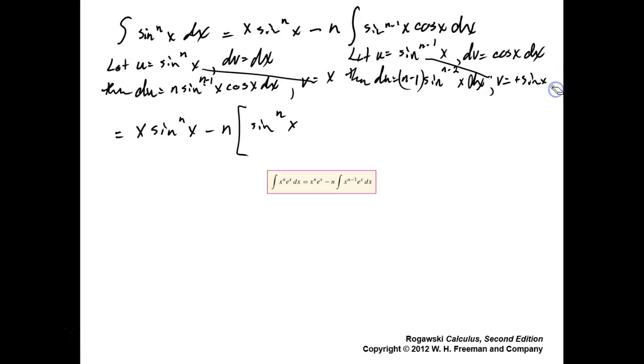There's no dx here, that's just sine x, because the antiderivative of cosine x dx would be sine x, since when you take the derivative of sine x, you get cosine x dx.